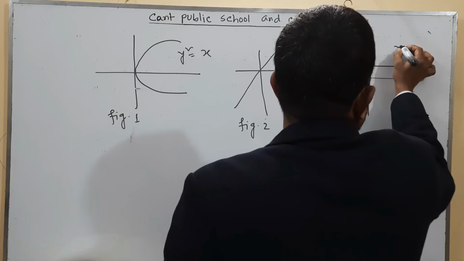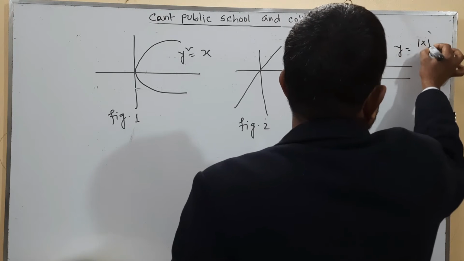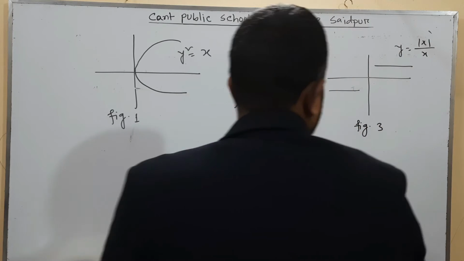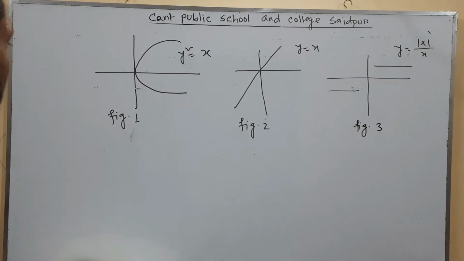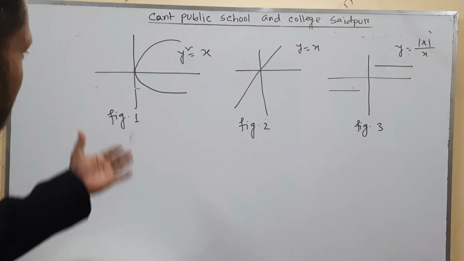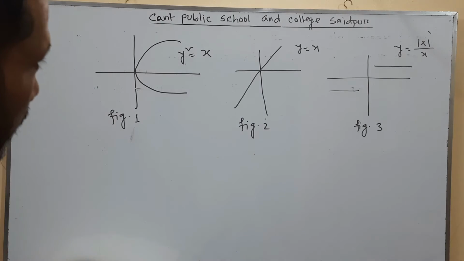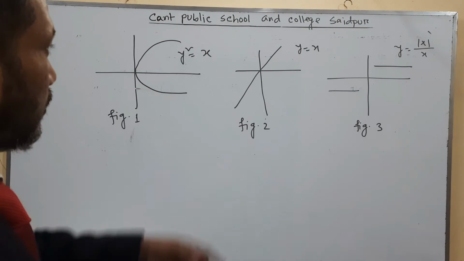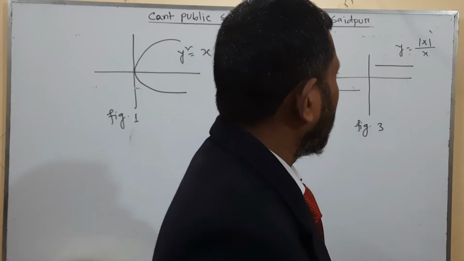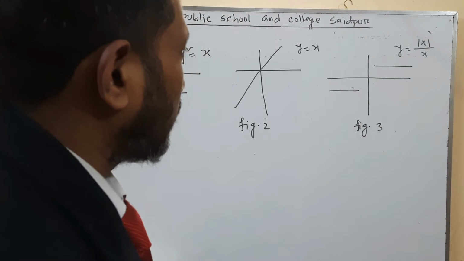The function y is equal to modulus x by x. This is figure 3. We are seeing here figure 1 and 2 are continuous functions because there is no gap or break in the graph. But in figure 3, there is a break. This is not a continuous function.